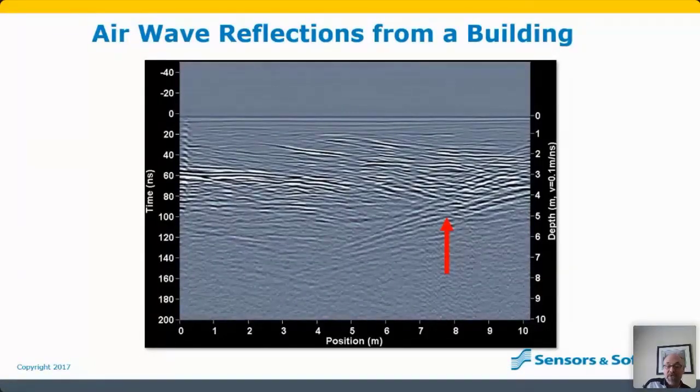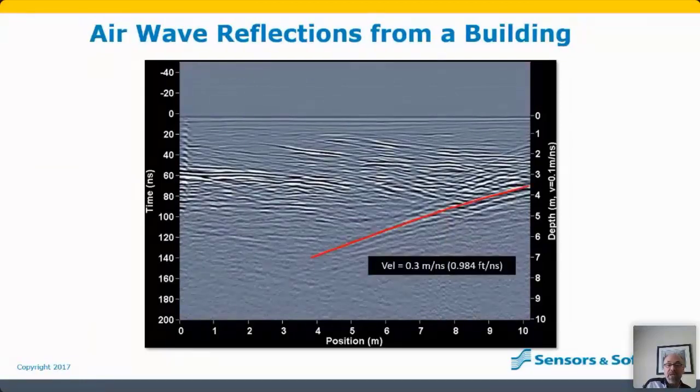And if you do a velocity calibration and fit half the curve, you will often see, you can measure that it's the speed of light and confirm that this was an air object. This was actually the side of the building or something on the side of the building, so maybe a balcony or something like that. Usually these things that protrude from buildings and metal objects become very strong targets and energy will bounce off of them. So watch for that in your data.